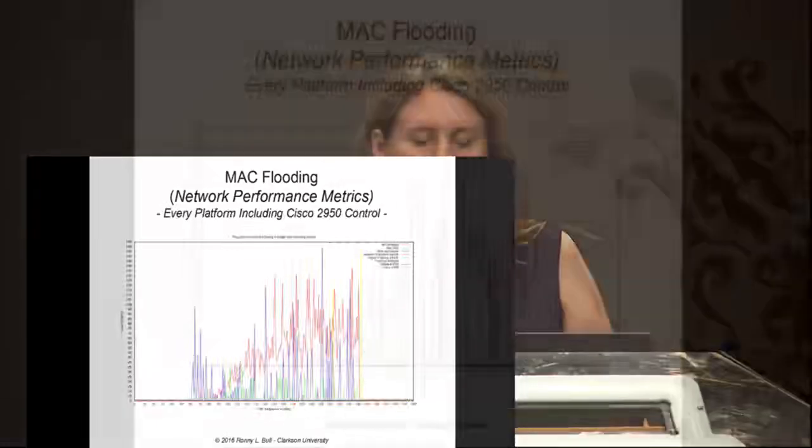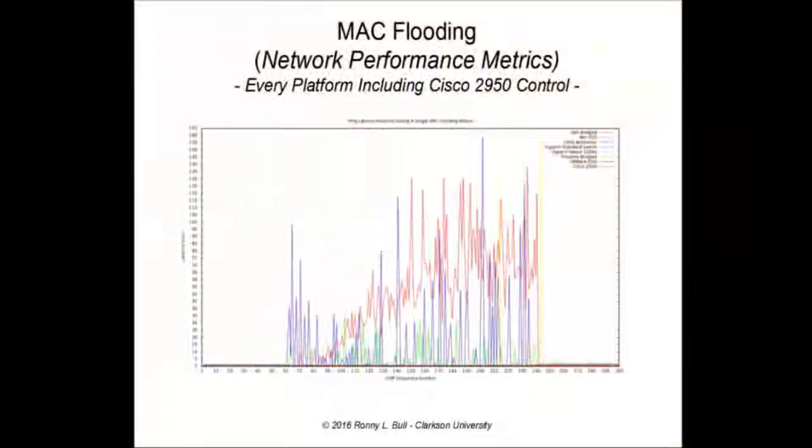So this is the same test performed across not just that Gen 2 Xen bridged, but also Xen Open vSwitch, Citrix XenServer, Hyper-V standard switch, Hyper-V Nexus 1000V, the Proxmox bridged, VMware ESXi, and a control physical switch, a Cisco 2950. And so some of those, when the attack starts, aren't affected.